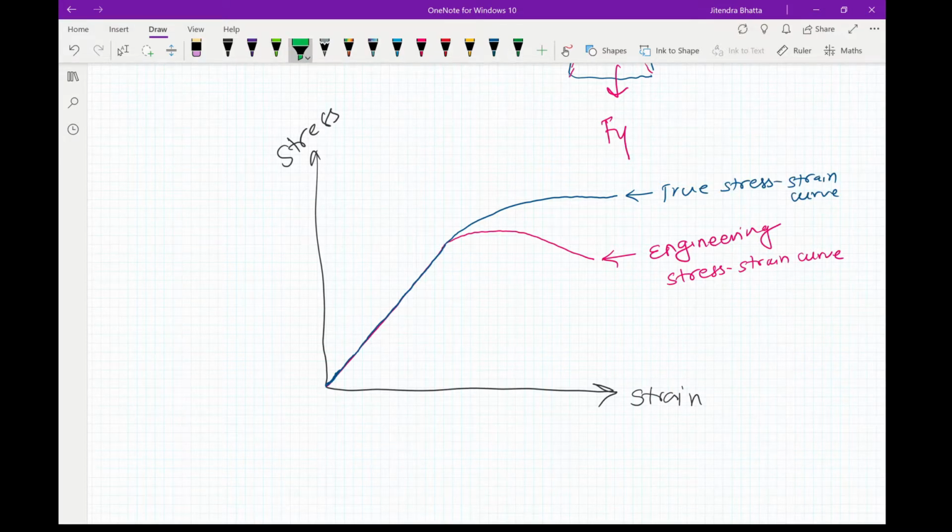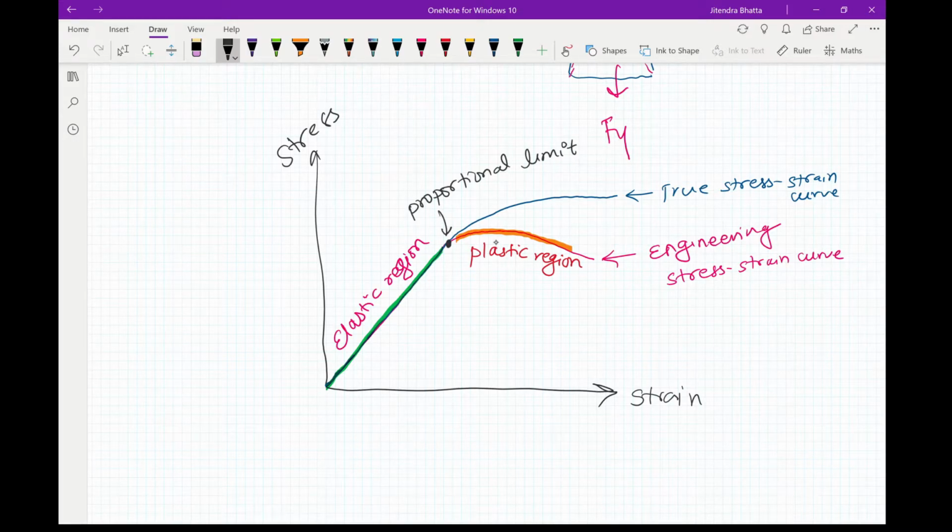This region here, as you see, is linear, and is known as the elastic region, whereas this region here is known as the plastic region. There will be characteristic points here, like this one known as proportional limit, this one here is known as elastic limit, and this one here is known as breaking point or ultimate limit.